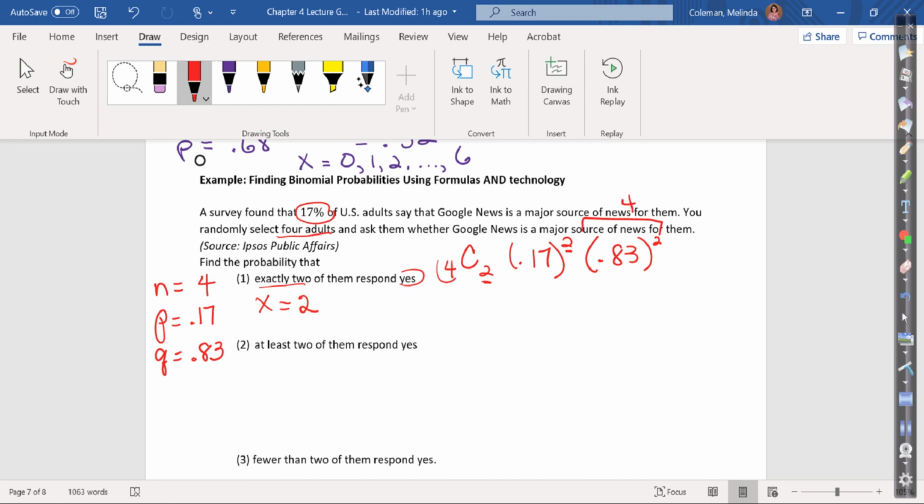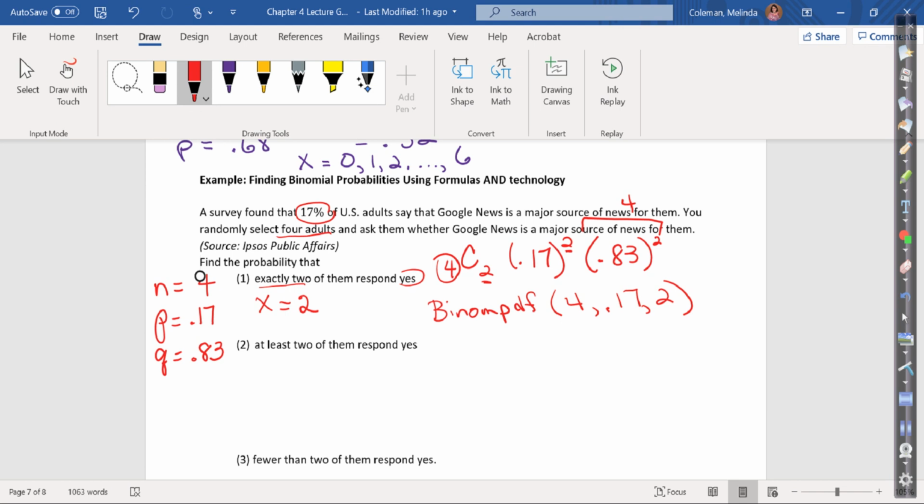My 4 here. Or, if we're going to use binomial, we would have the binomial PDF, and my buttons would look like 4 for n. P is 0.17. And then the x in this case is 2.